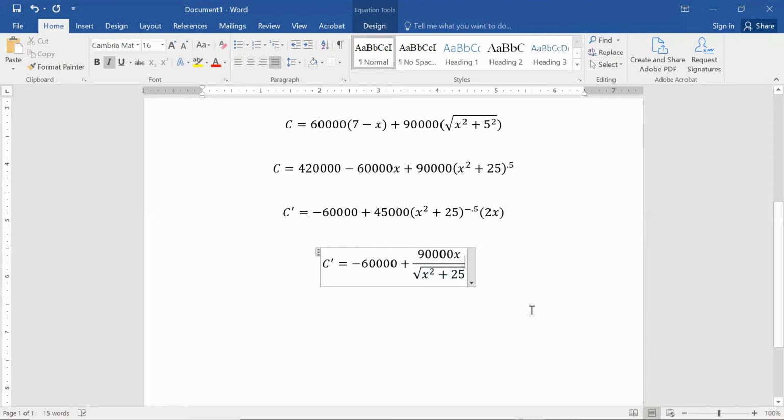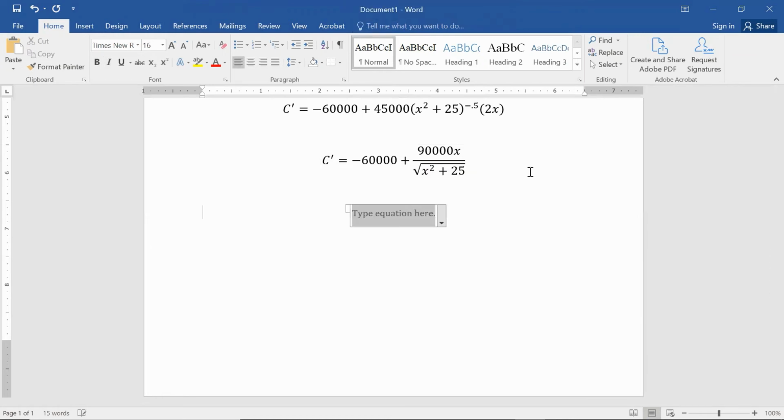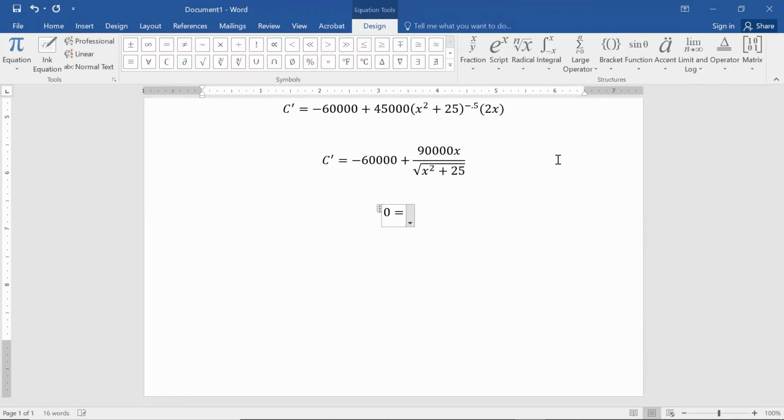Hopefully that makes sense. Critical values happen when this is 0. Therefore, let's set 0 equal to this whole expression.